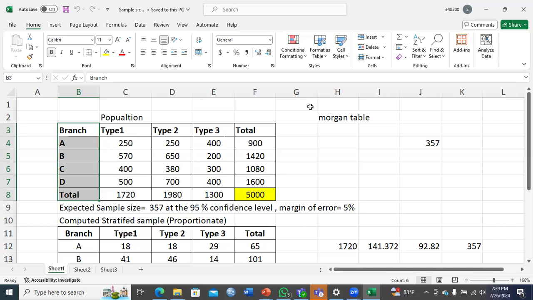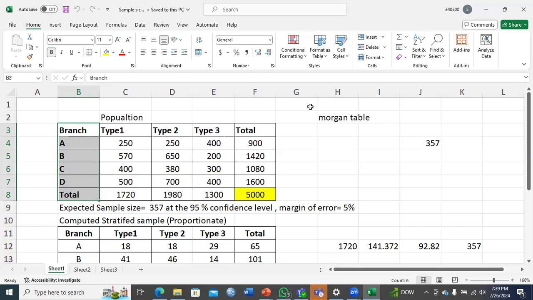Now, considering the technical terms, we can use the Morgan tables. At the 95% level of confidence, as we know, our population size is 5,000 and our sample size is 357 according to the margin of error of 5%.